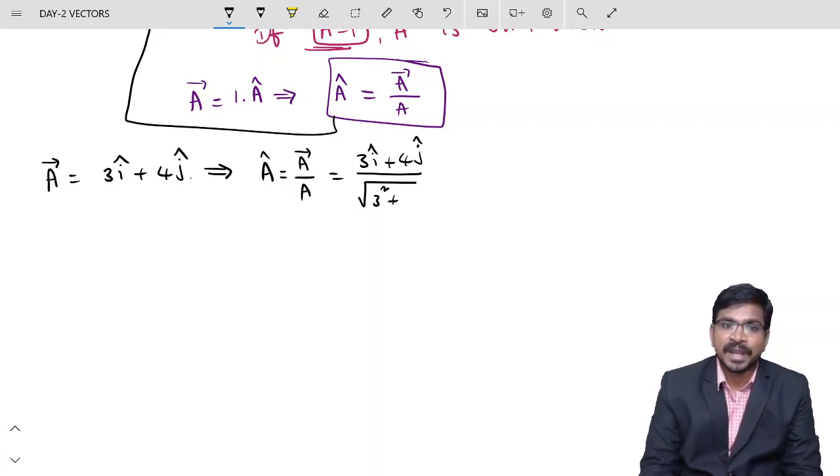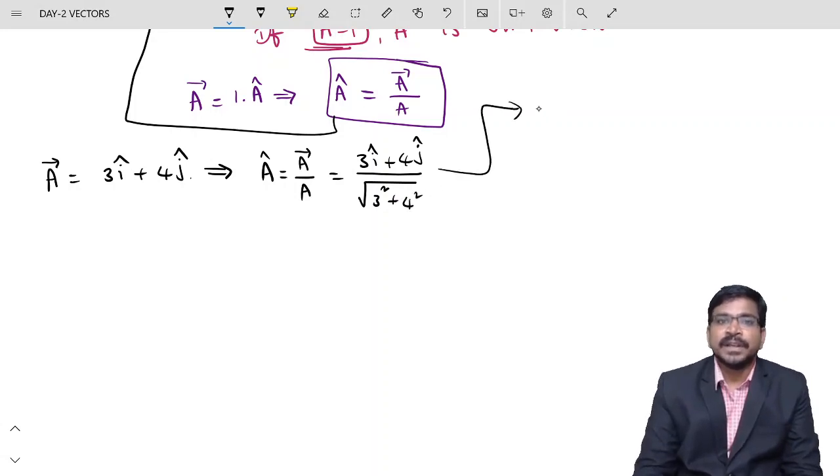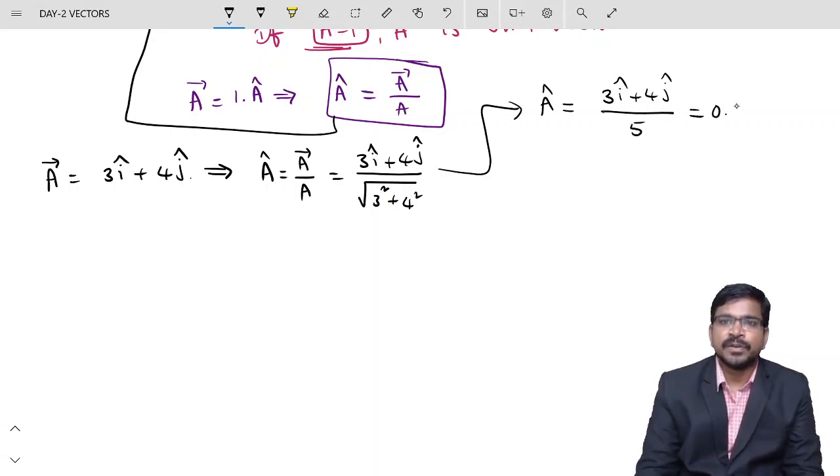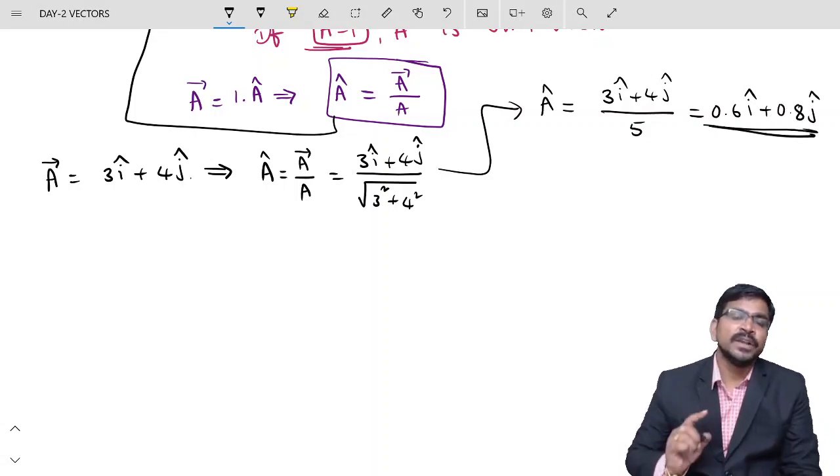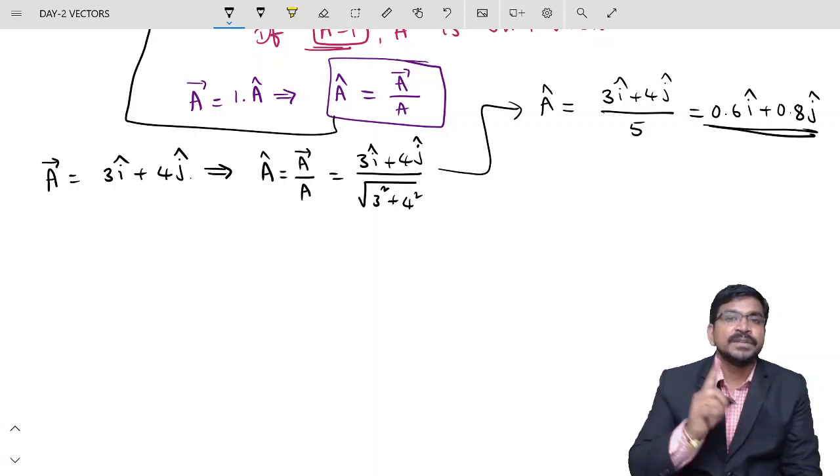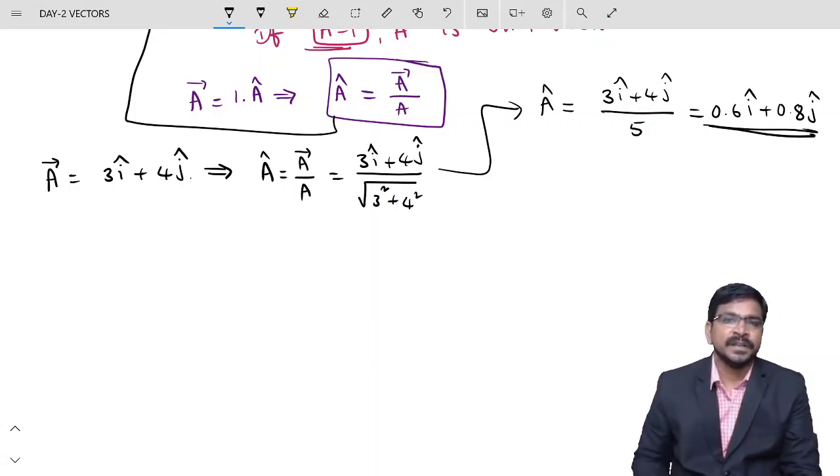The square root of 3 squared plus 4 squared, that is 5. This gives A cap equal to 0.6 in the i direction plus 0.8 in the j direction. This is the unit vector of the given vector 3i plus 4j, right?